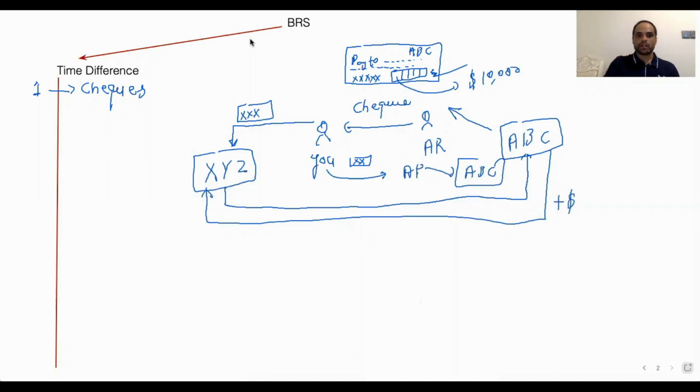So now that is the meaning of check. Now let's move on to the next.